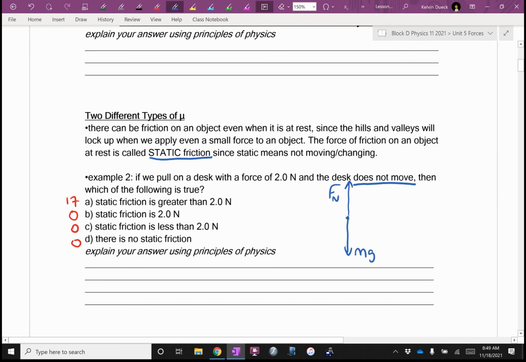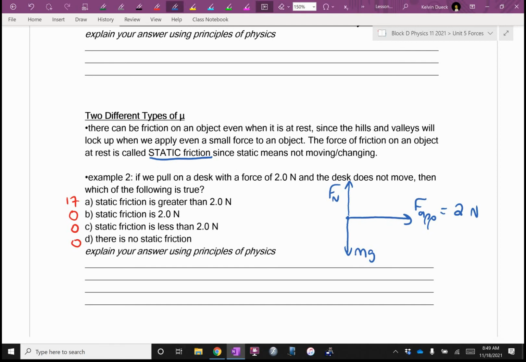And I think same size. How hard was Mr. Duick pulling? Exactly how big? You know what? We'll call that F applied. I got rid of the underline because it looked like it was part of my arrow and it was creeping me out. Sorry.